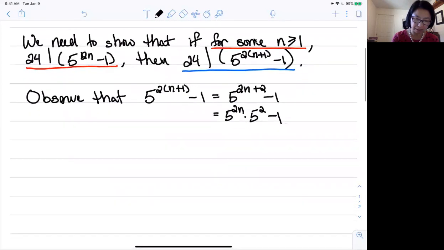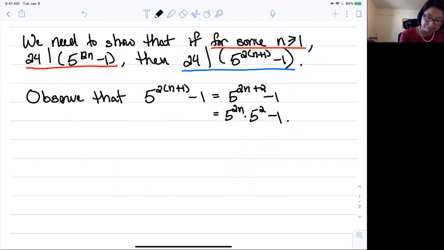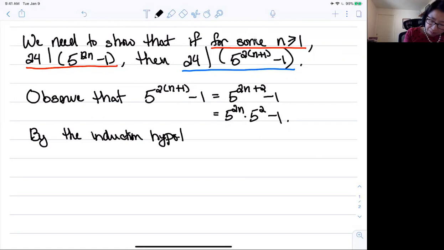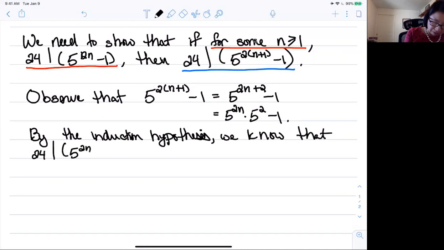Well, we know by the induction hypothesis that 24 divides the quantity 5 to the 2n minus 1.